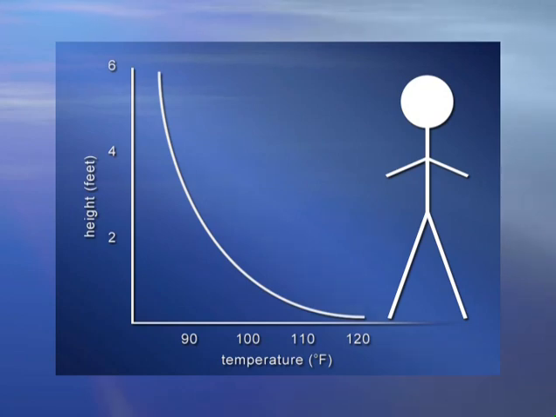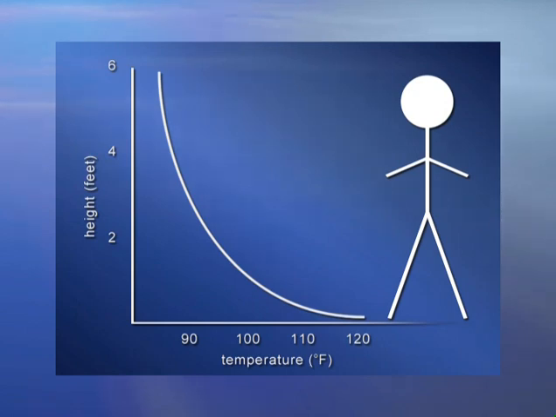Let's take a look at a vertical profile of temperature very near the ground. Here is Stickman, and I'm using Stickman for a sense of scale. The horizontal axis here is temperature, from cold to warm. The vertical axis is height, from the surface to a little above Stickman's head.